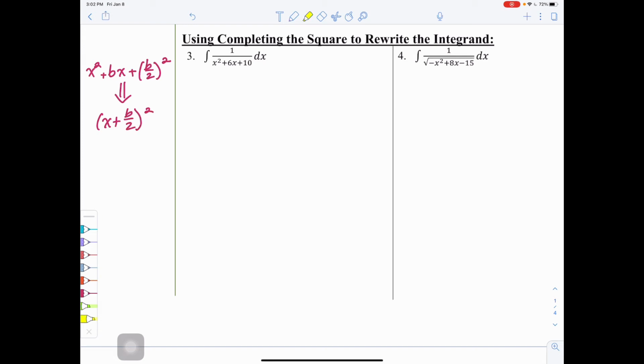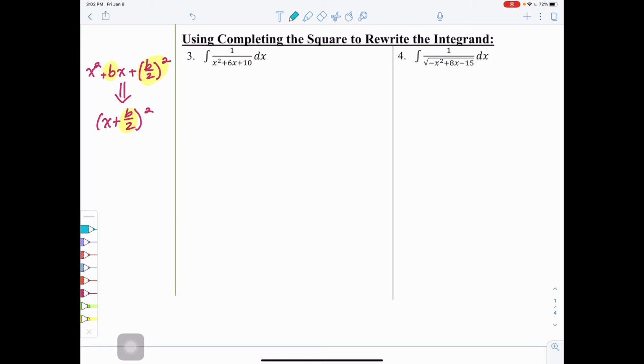So we will be looking at this b coefficient, the coefficient of the x term, taking half of it and squaring it and adding that to both sides. And then we're going to use half of b to write it as a perfect square. I'll leave that there as we go ahead and work this one.